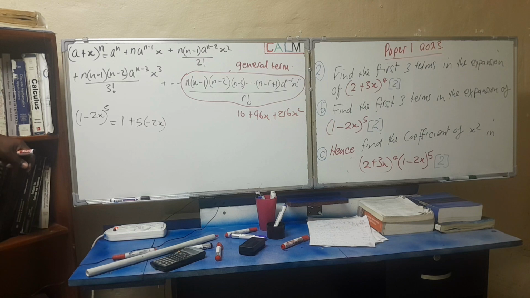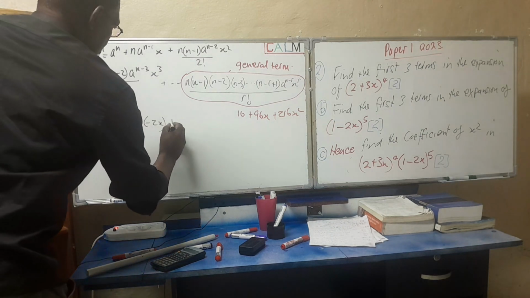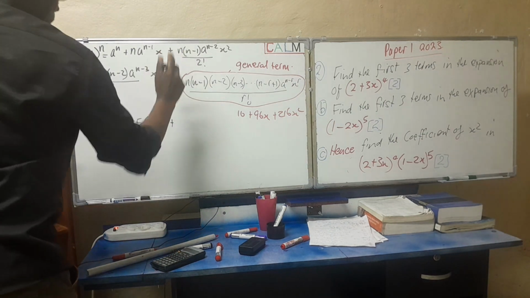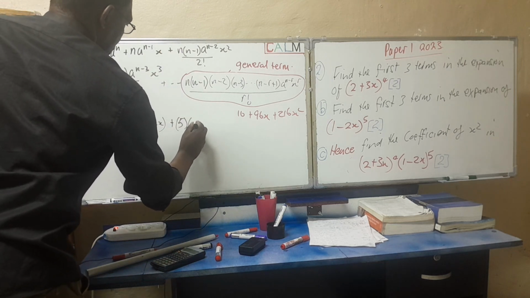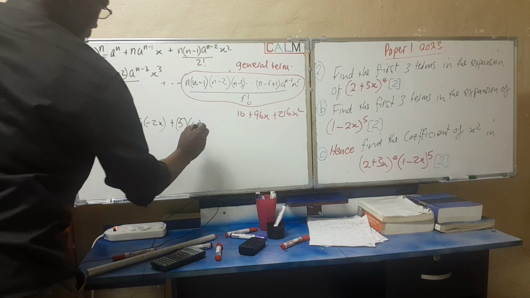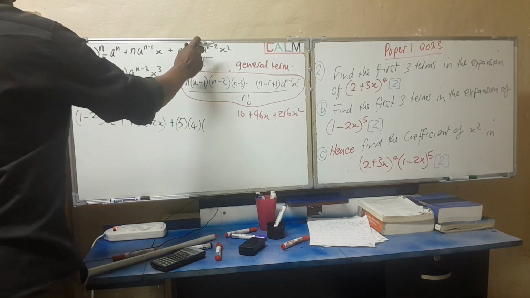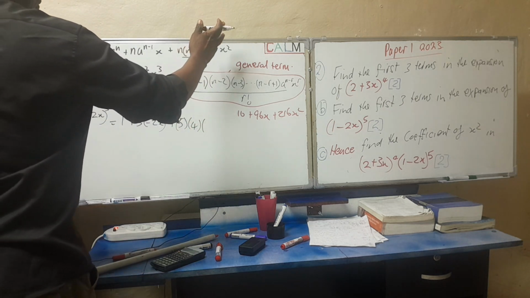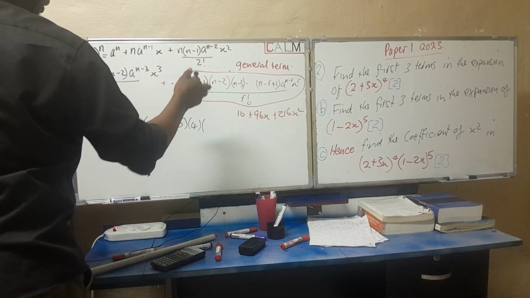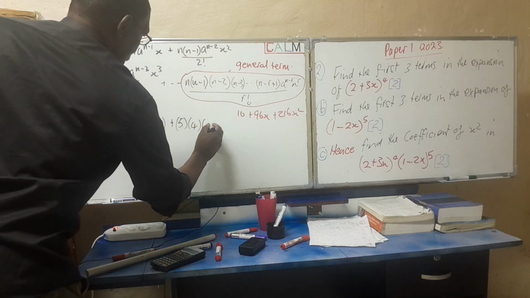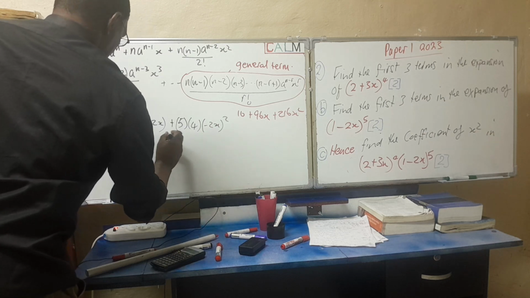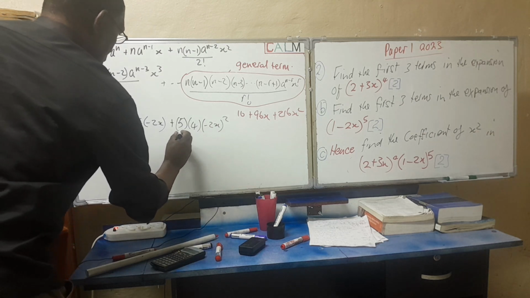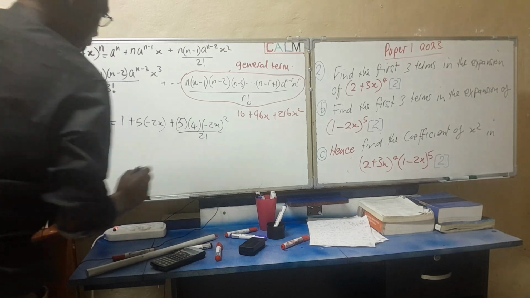The next term is 5 times 4, so it's 5 brackets 4, which is n minus 1, multiplied by 1 to the power 3, still 1, and then minus 2x raised to the power 2. All this, of course, over 2 factorial.